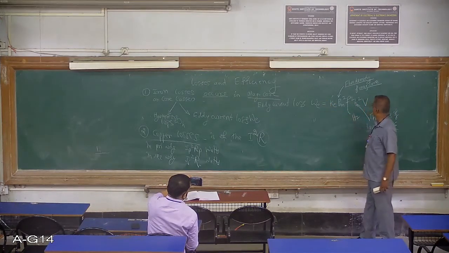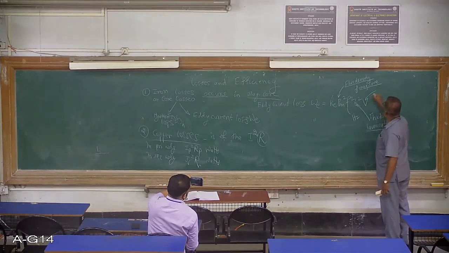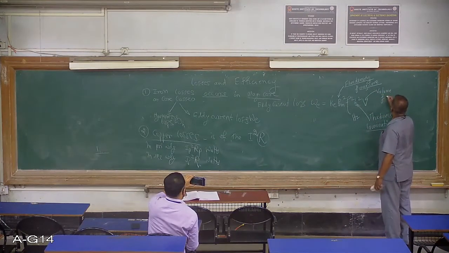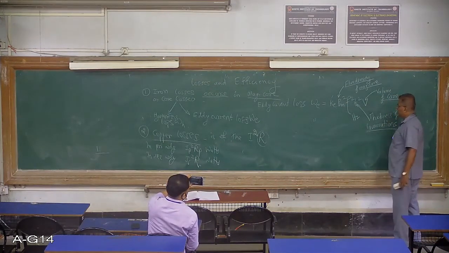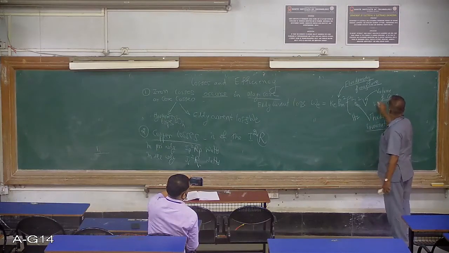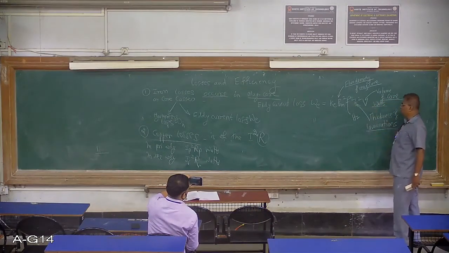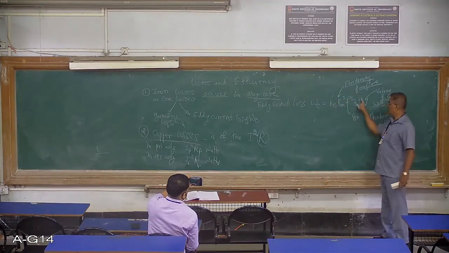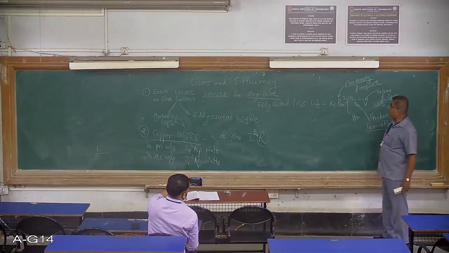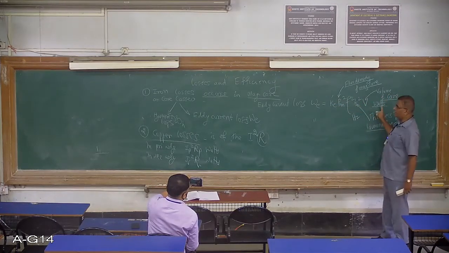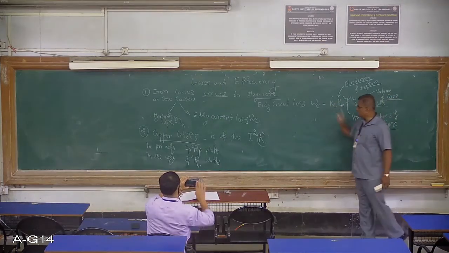V is the volume of the magnetic core, and this is in watts. So if you multiply this part, which is the specific eddy current loss, with the volume, you will get the total eddy current loss in the machine. That is eddy current loss.